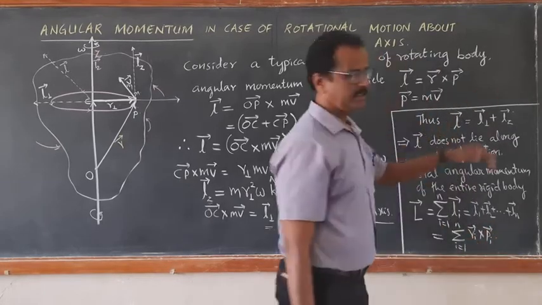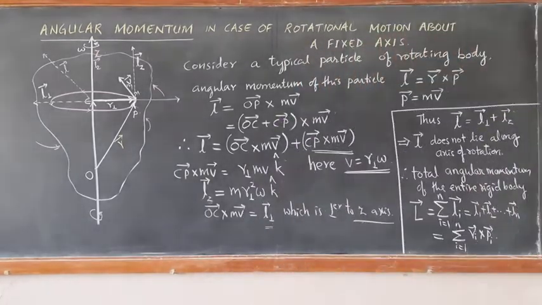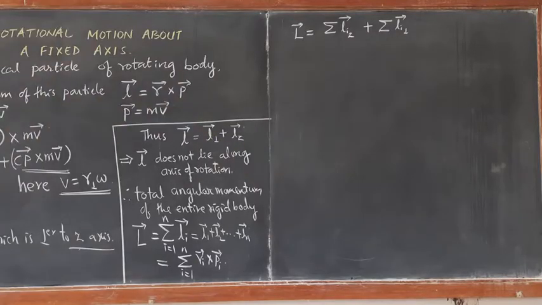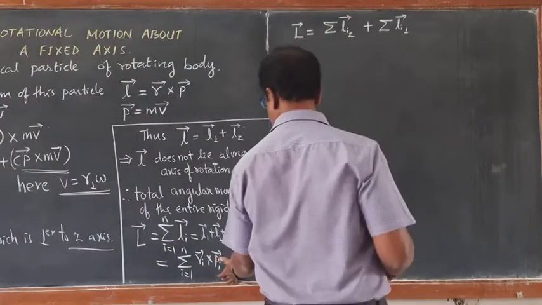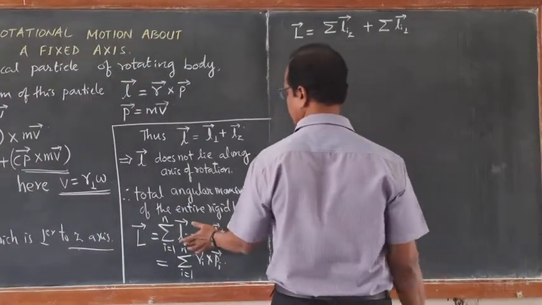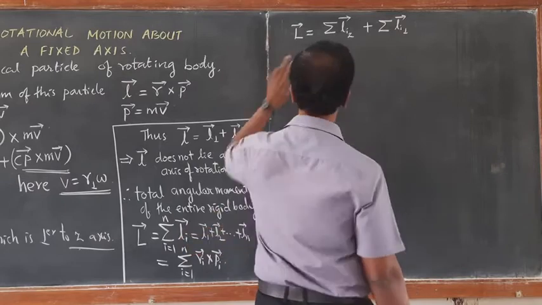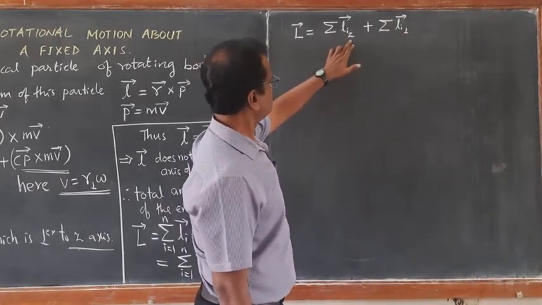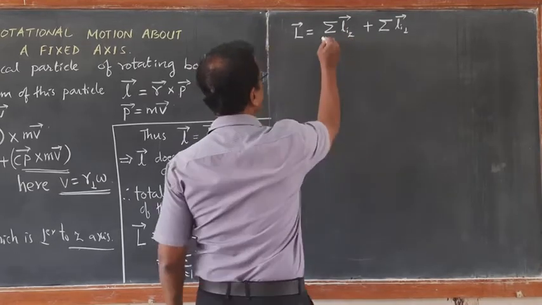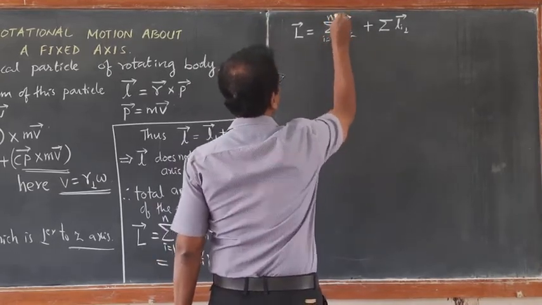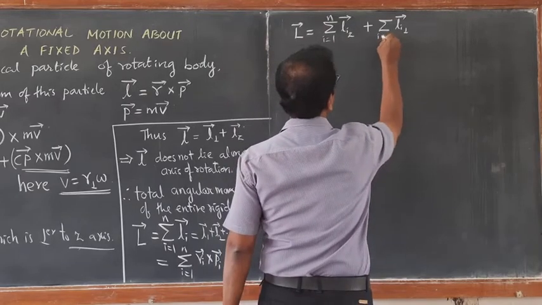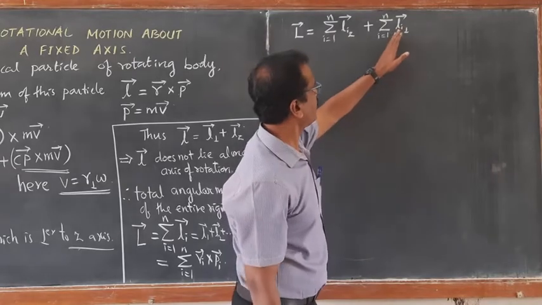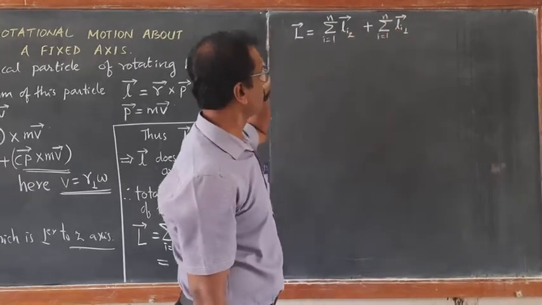So this can be further written as summation of Li vectors, which can be written as two components, as I have said: Li z component, i equal to 1 up to n, plus Li perpendicular component, i equal to 1 up to n, summation of these.